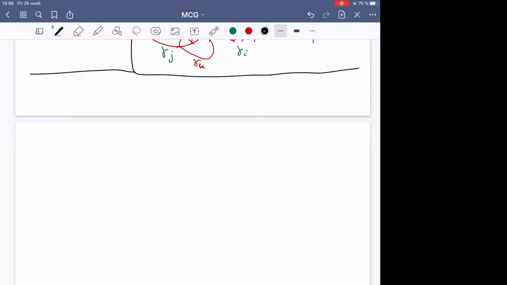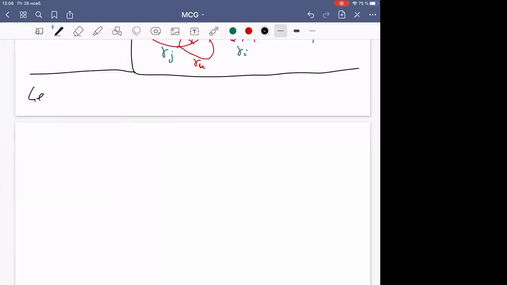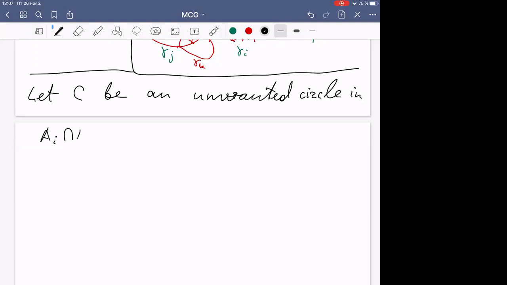So suppose that C is an unwanted circle in the intersection of two cylinders.